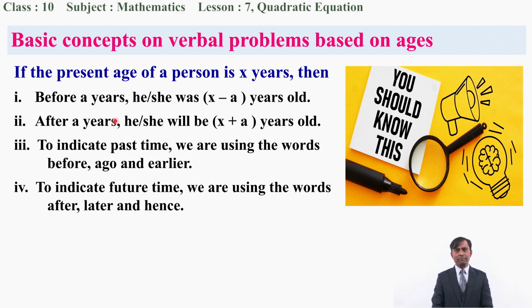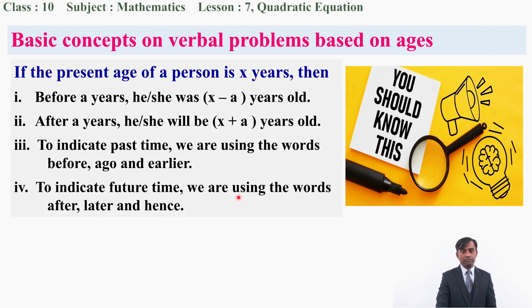After a years means future time, so what will be her or his age? That is x plus a. To indicate past time, we use the words before, ago or earlier. Similarly, to indicate future time, we use the words after, later and hence.